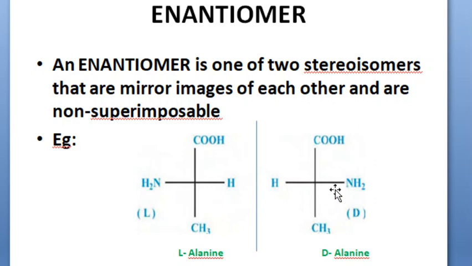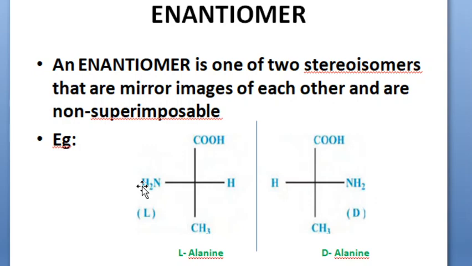In its mirror it looks like this, and now you pull this one and keep it on this, then what happens? It is non-superimposable. Simply lift it and place it on this, then what happens? H will overlap with NH2, NH2 will overlap with H, and COOH and CH3 will overlap anyway, but you can say it is not superimposing.